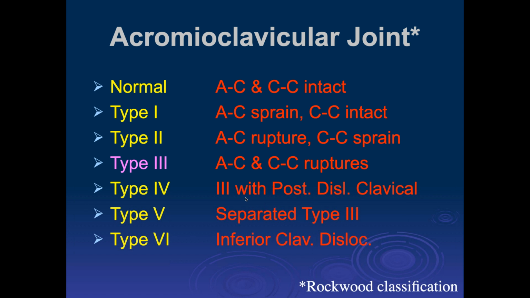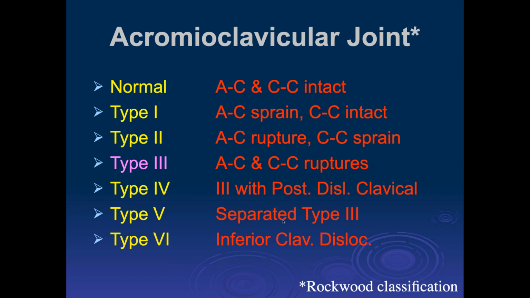And then a type 4, and these were described in the order that he basically saw them. Unfortunately, it's not the order that you would put it in from a pathophysiology standpoint. A type 4 is a type 3, but you have a posterior displacement of the clavicle.